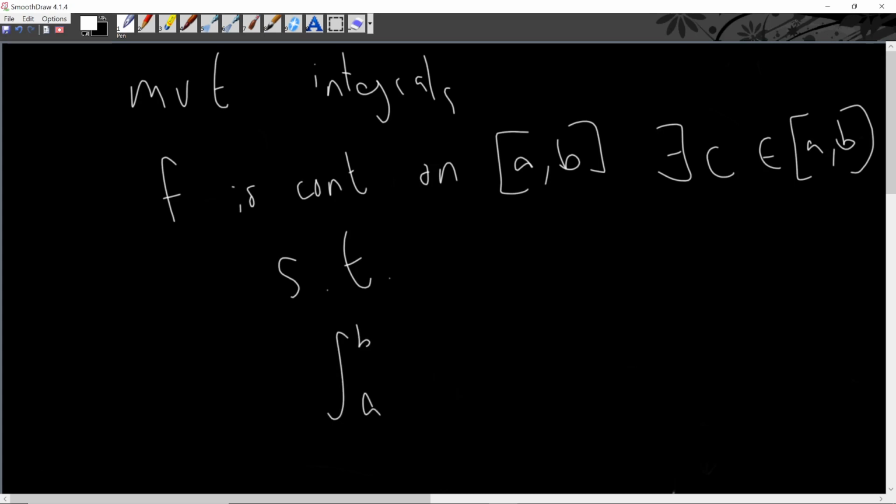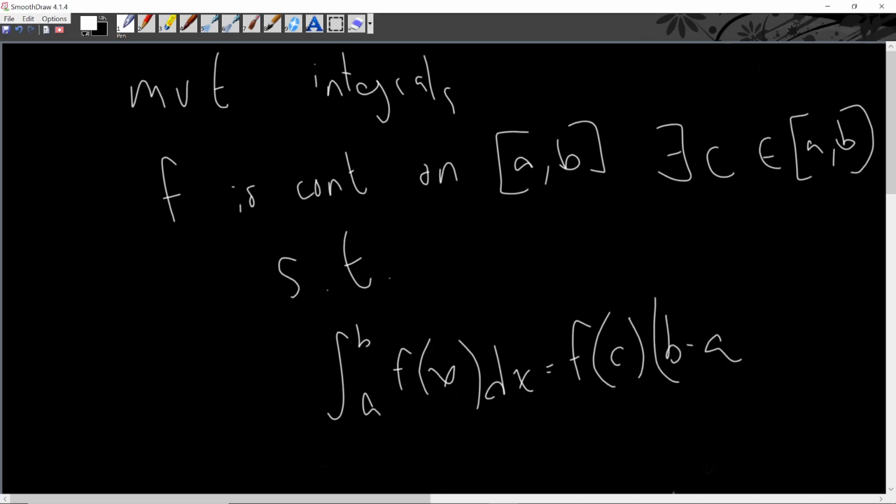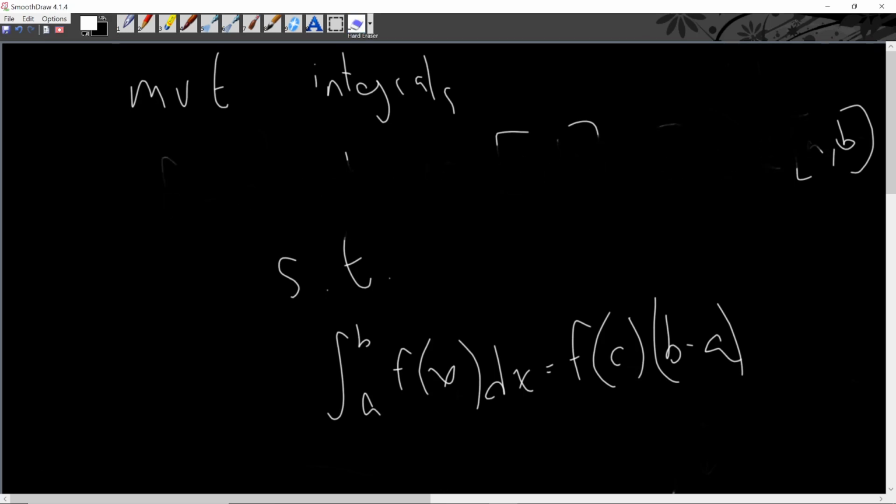The integral from a to b of f of x dx is equal to f of c times b minus a. Alright, so let's define, again, big F of x is going to be the antiderivative.